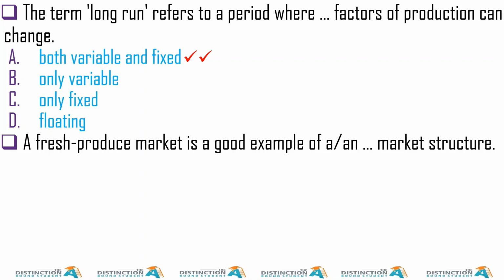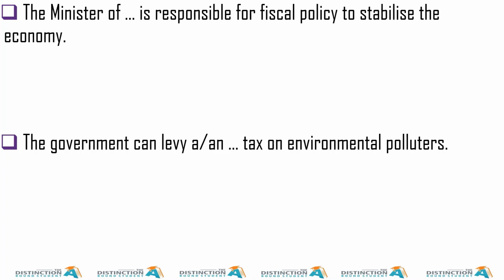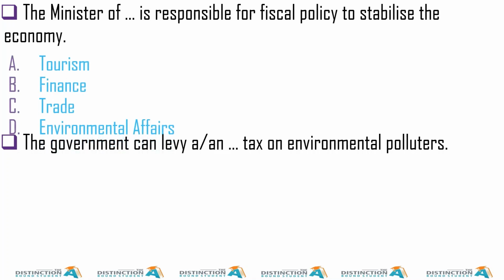Apples, vegetables, fruits. What is the nature of product for an apple? Would you say an apple is heterogeneous? Would you say it's unique, or you'd say it's homogeneous? All right, that will be a perfectly competitive market. Since apples are homogeneous, that will be perfectly competitive.